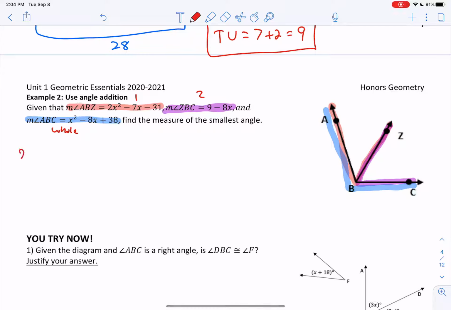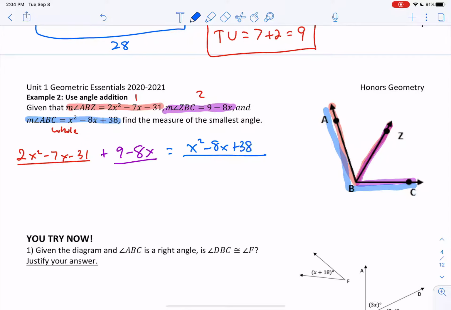So part 1, 2x squared minus 7x minus 31, plus part 2, 9 minus 8x, equals the whole thing, which is going to be x squared minus 8x plus 38. Okay, part 1 plus part 2 equals the whole thing. Part 1, part 2, the whole thing.